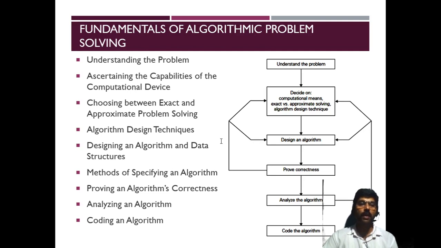The last part of the design process is called coding an algorithm. Most algorithms are designed to be ultimately implemented as computer programs. That means we have to convert the pseudocode into actual programs. When implementing the algorithm as a program, we have to use it in actual applications.